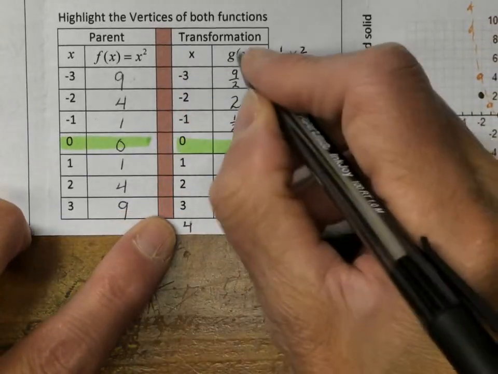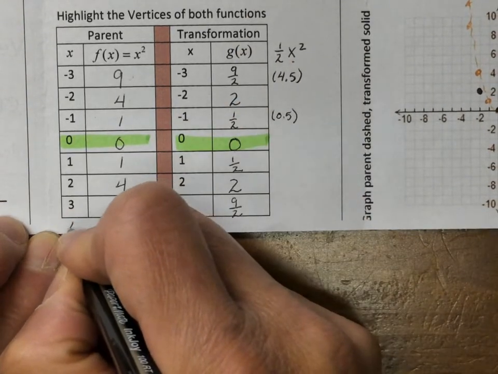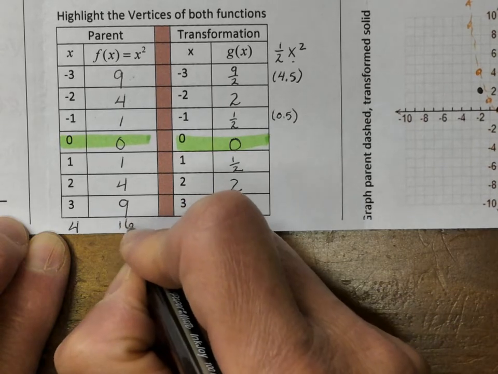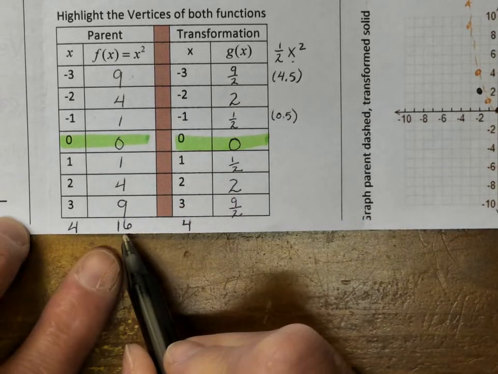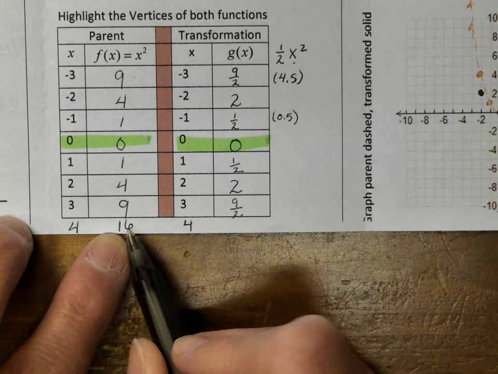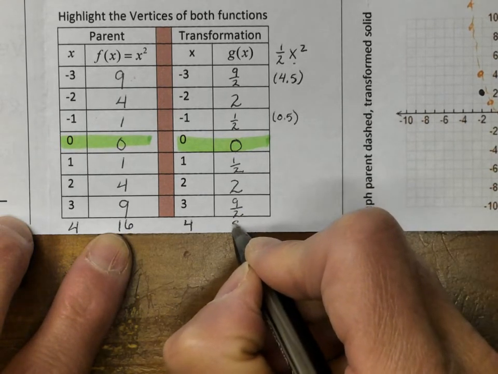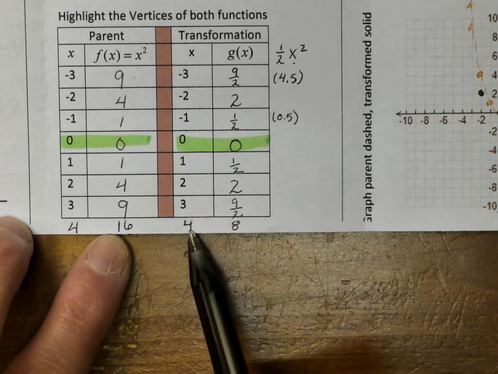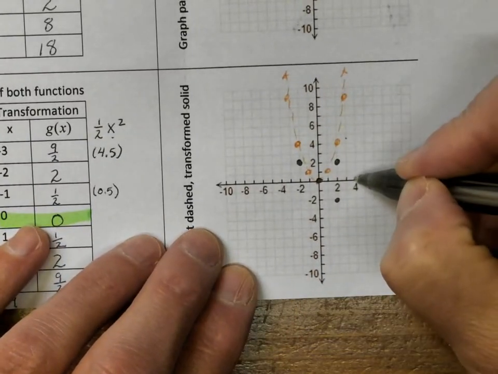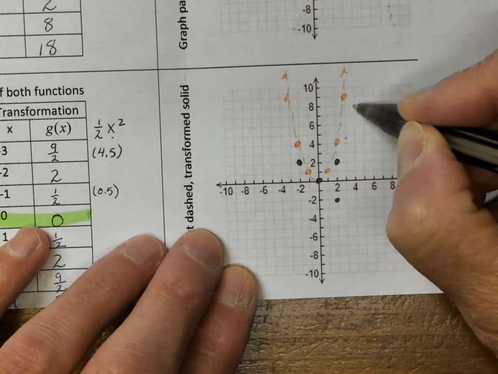Yes, x is 4. So let's put 4 here. 4 squared is 16. So in our new function, if I were to take half of 16, I get 8. So where x is 4, I get 8. So let's do that over here. Where x is 4, I get 8.